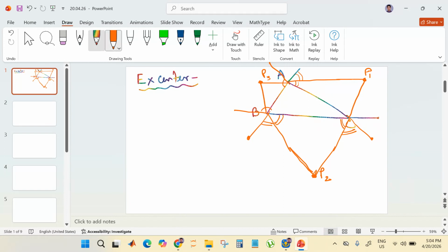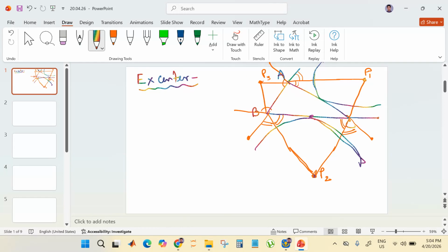So what is the significance of the excenter? If I draw a circle with P1 as a center, then the circle will touch the side AC at a particular point. Similarly, if I draw a circle having P2 as a center, it will touch a certain point on BC.